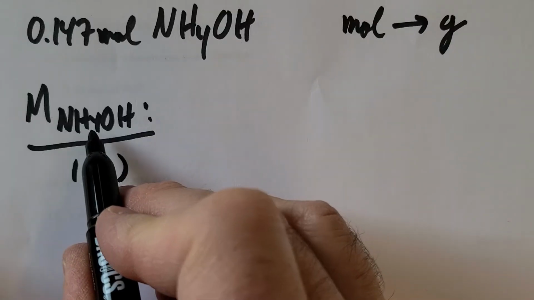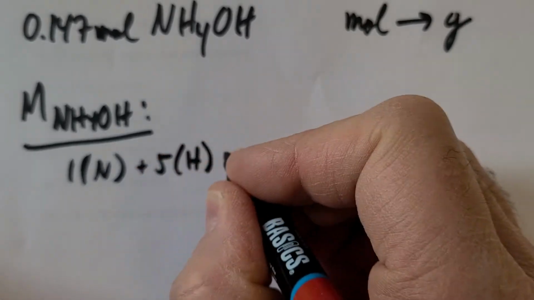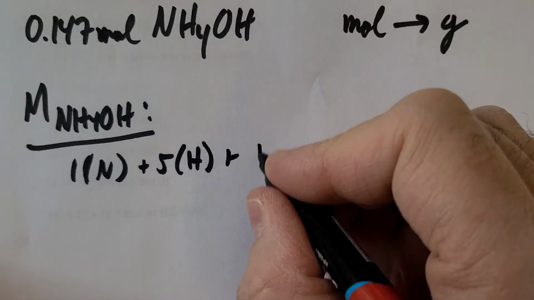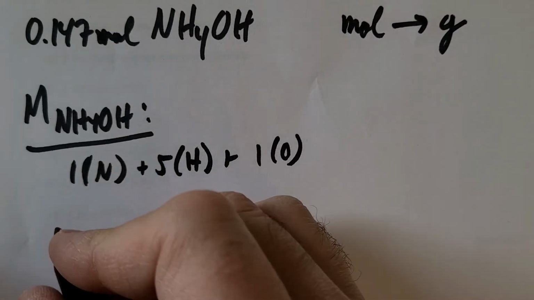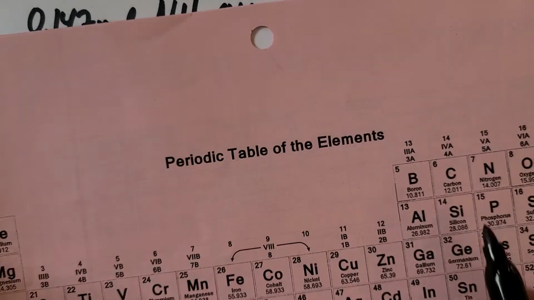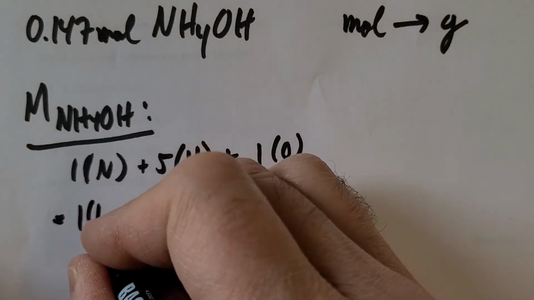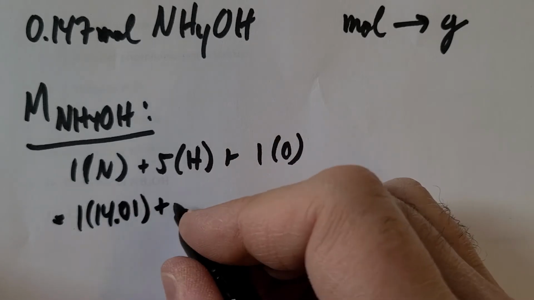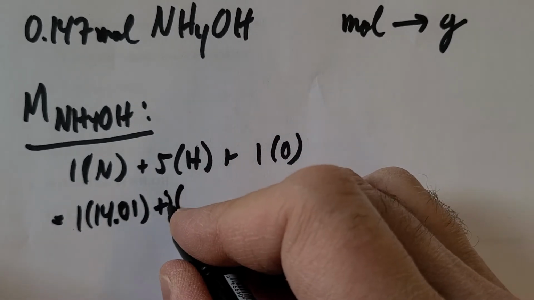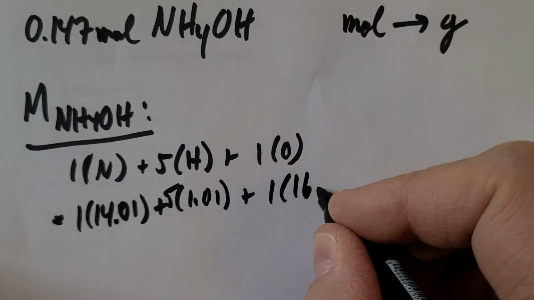And over here, 4 hydrogens plus 1 hydrogen, we have a total of 5 moles of hydrogen and 1 O. Okay, so looking up the masses, for every 1 mole of ammonium hydroxide, we have 14.01 grams of nitrogen, and hydrogen is 1.01, and oxygen, of course, is 16.